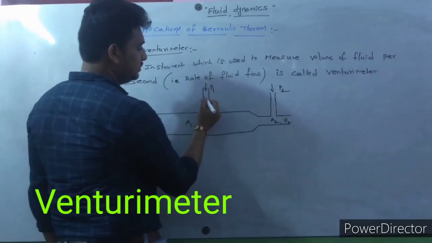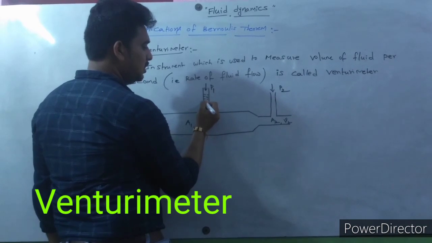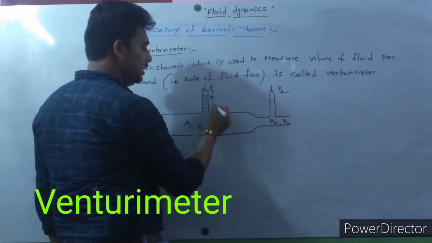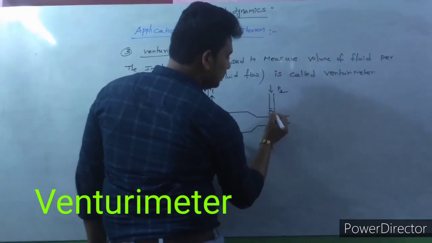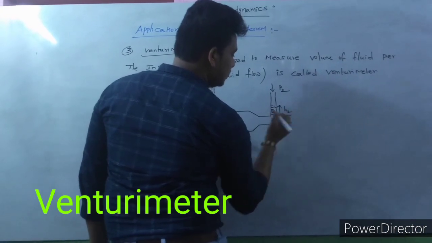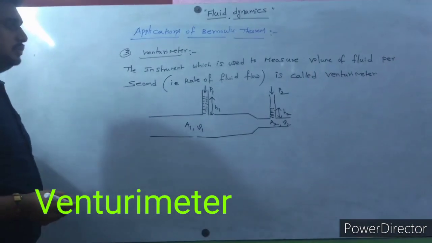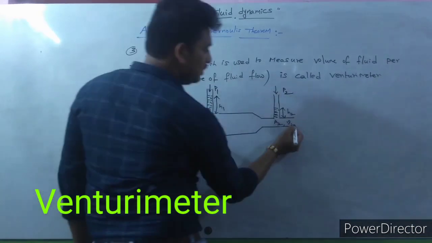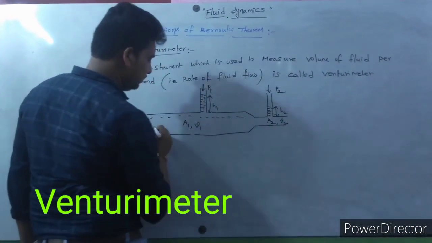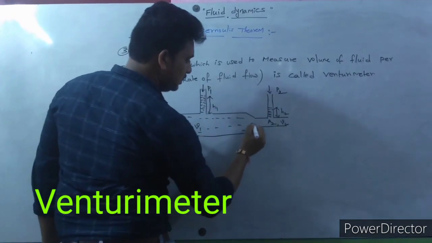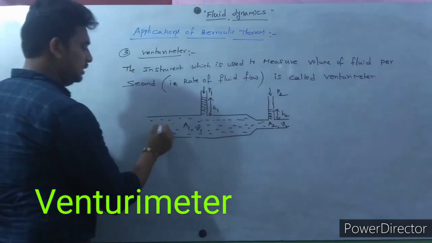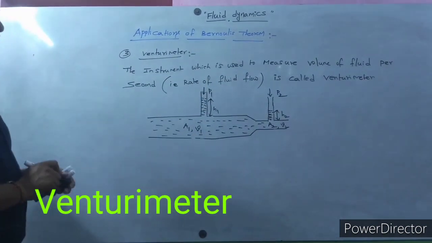And here height is H1, and here height is H2. So this is the total fluid flow. The fluid flows like this.